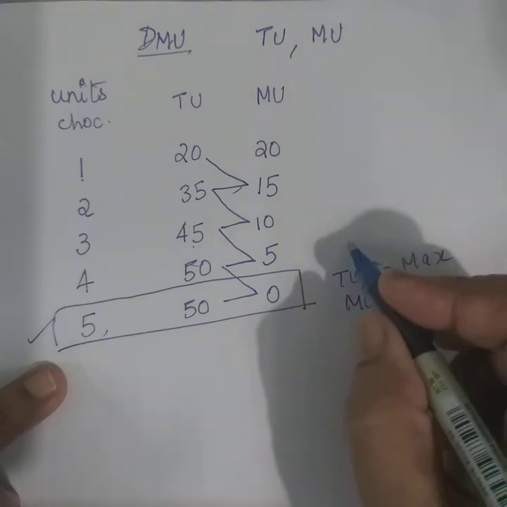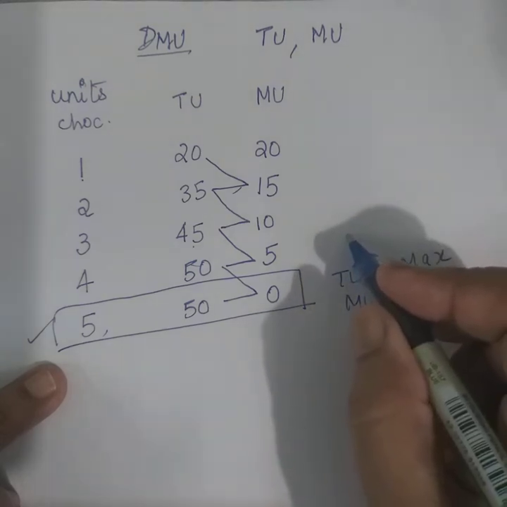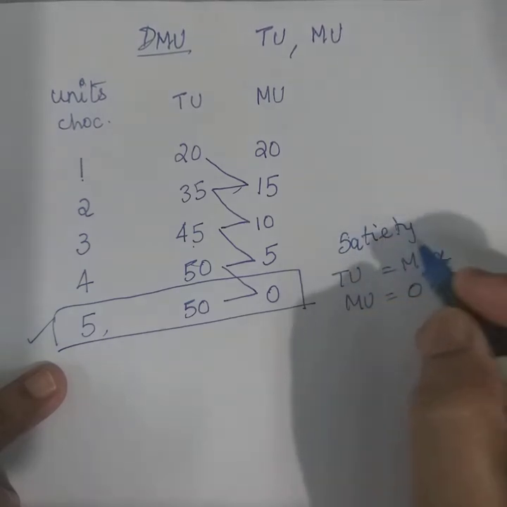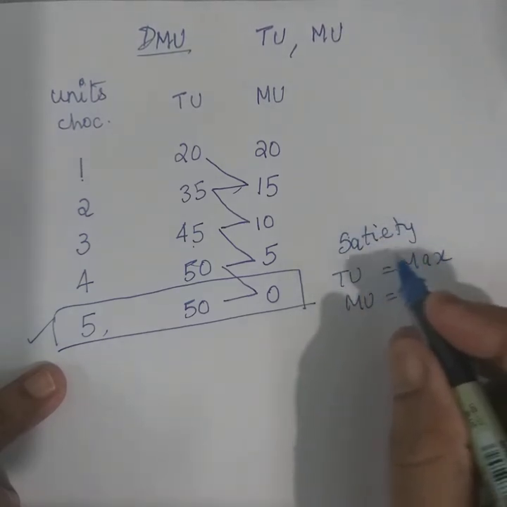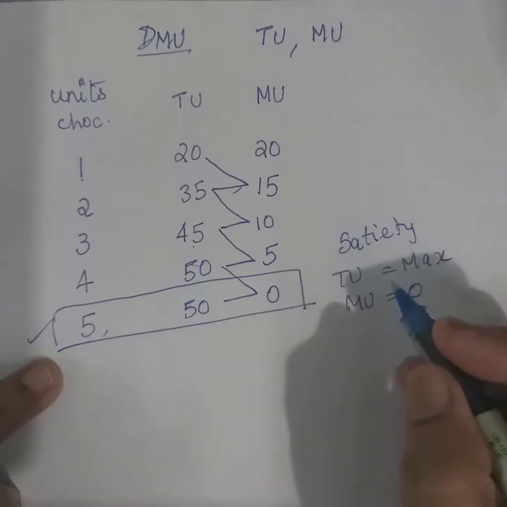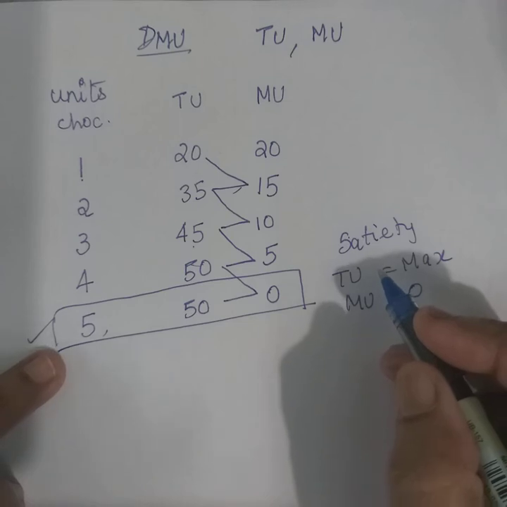This will be called the point of satiety, or the maximum satisfaction point for the consumer. Left alone, the consumer should stop his consumption activity here.